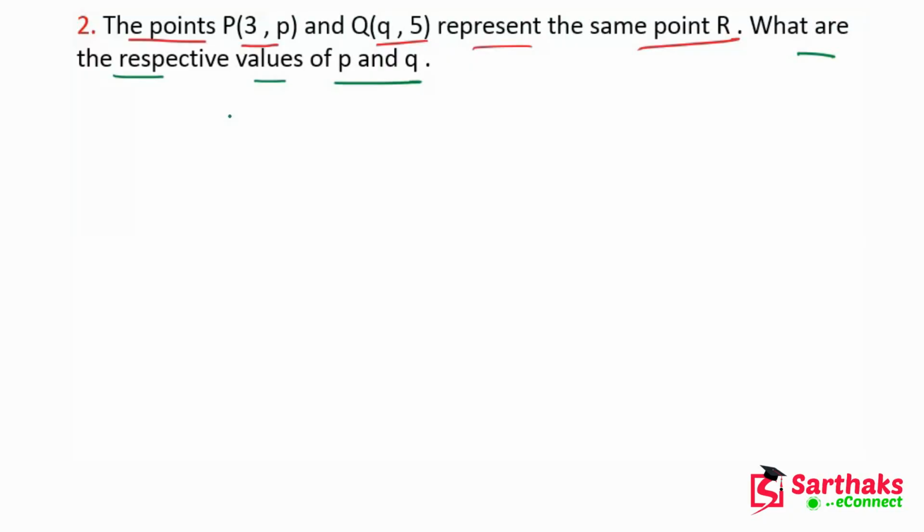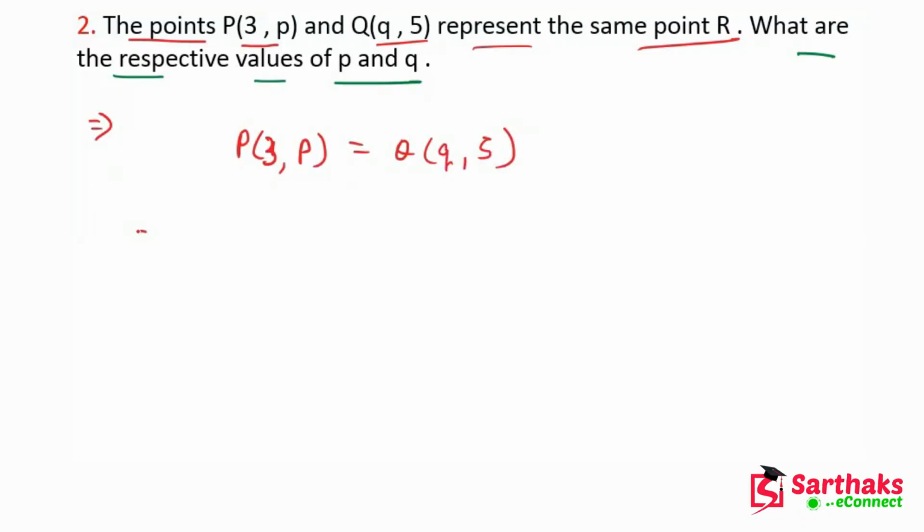Here, two ordered pairs are equal if their corresponding coordinates are equal. So the coordinates (3, p) equal (q, 5).